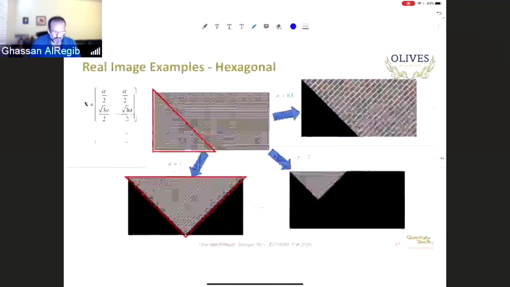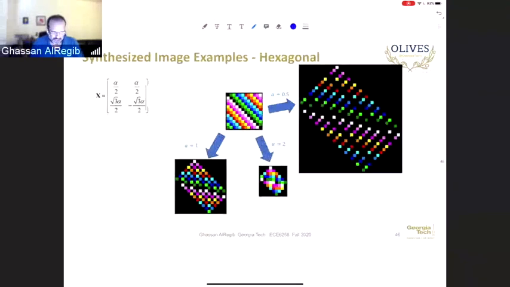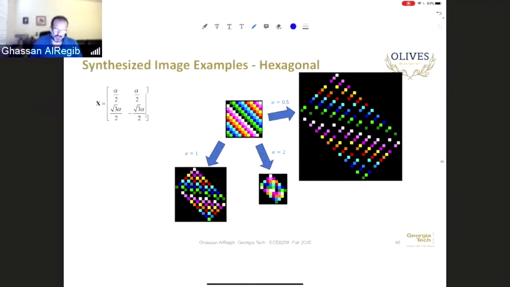But now, when we go to hexagonal on the brick wall image, this is really what's happening. If you look more carefully at this example, now I don't really have x11 and 0 and 0 and x22.